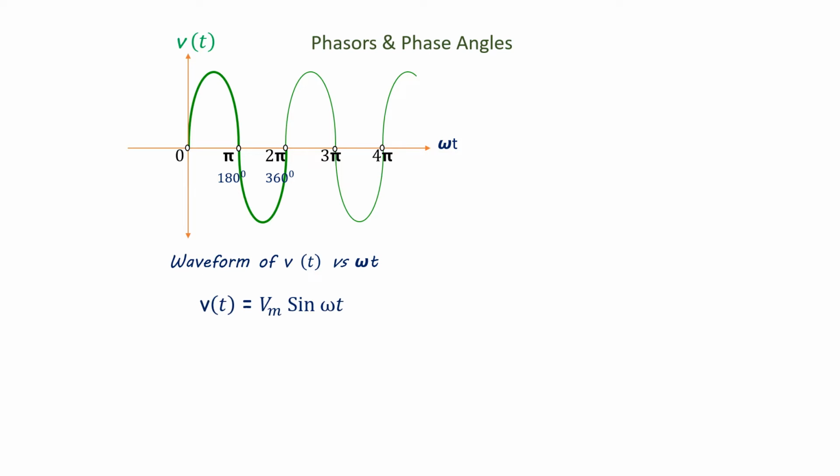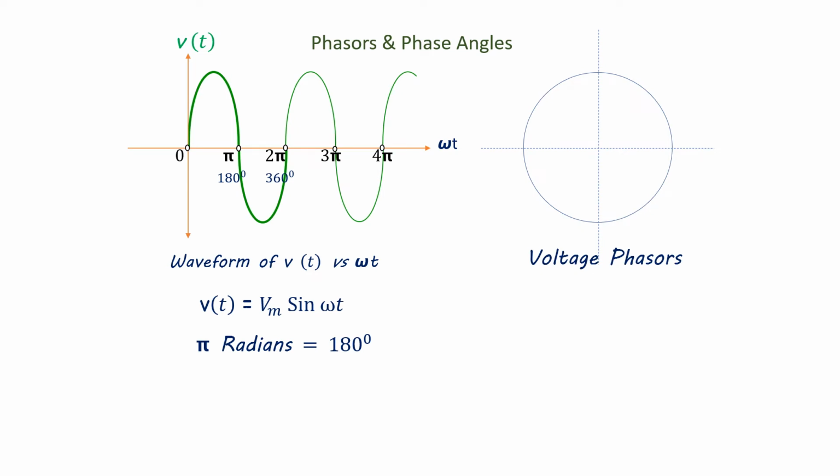The equation of this waveform is v of t is equal to Vm sine omega t. From the waveform, you can see pi radians is equal to 180 degrees. We will show the values of V by means of vectors. These vectors are called voltage phasors.